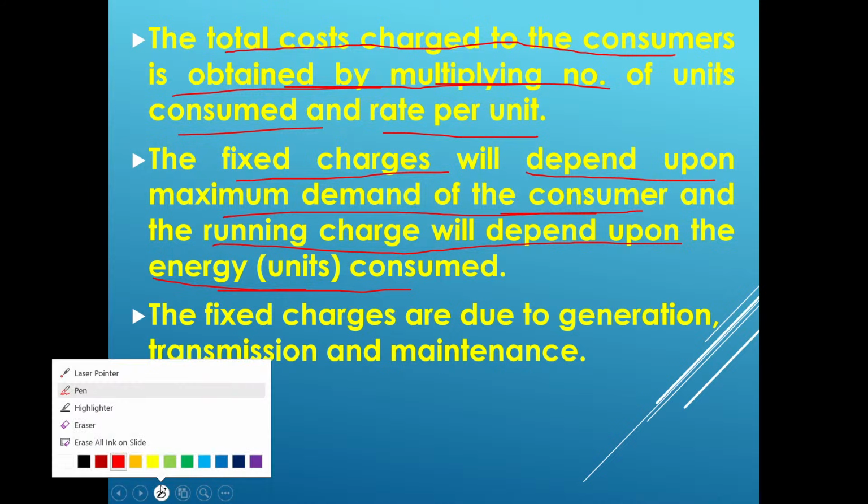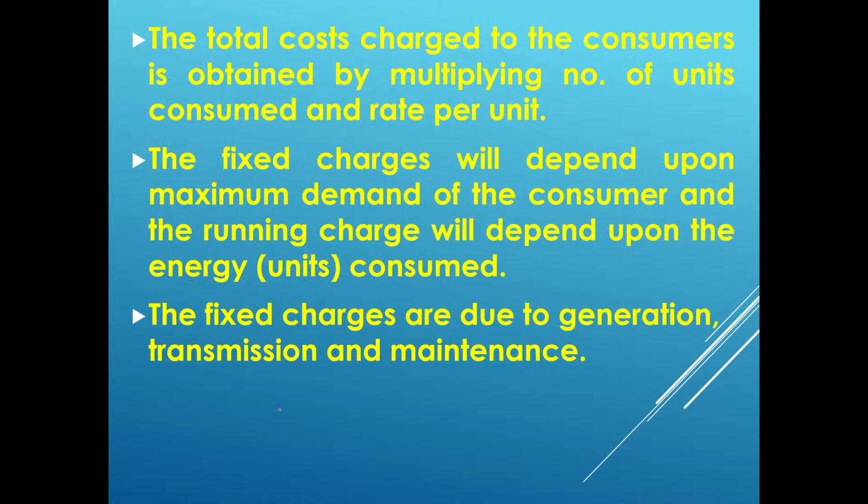They will just inform the generating stations that this much electrical energy we definitely require per month. Based on the consumer's demand, they will supply that amount of electrical energy, and the running charge will depend upon how much electrical energy has been consumed.